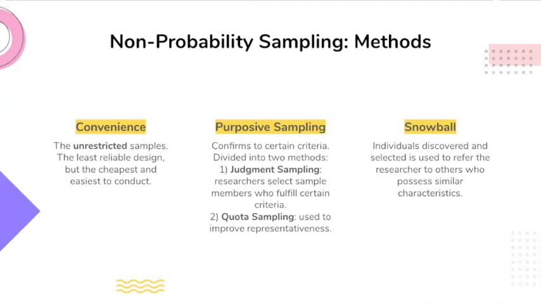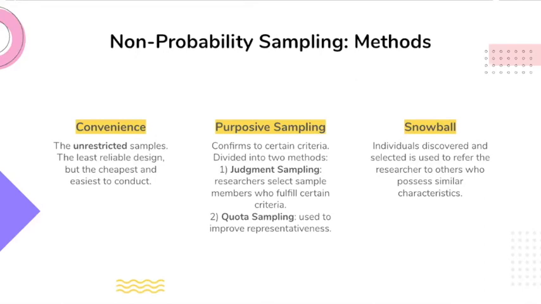sampling lives up to its name, convenience. These are unrestricted samples. It is the least reliable design, but the cheapest and easiest to conduct. A convenience sample is a method where the sample is taken from a group of people that are easy to contact or to reach. So again, it lives up to its name, convenient.